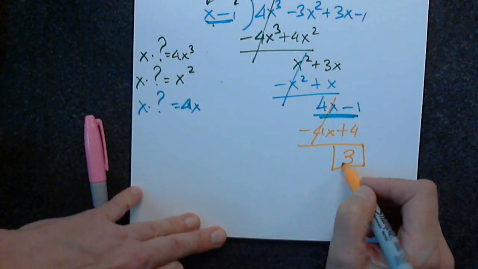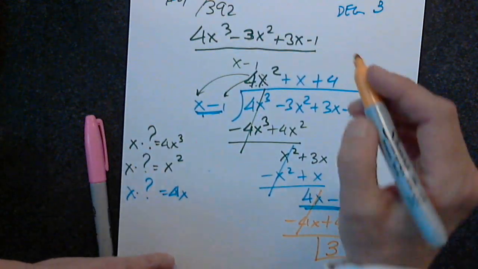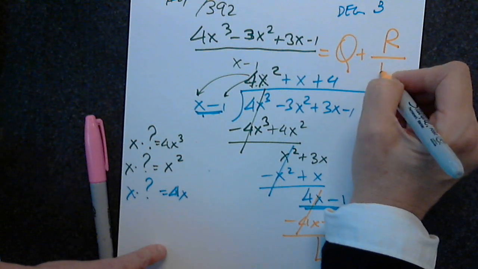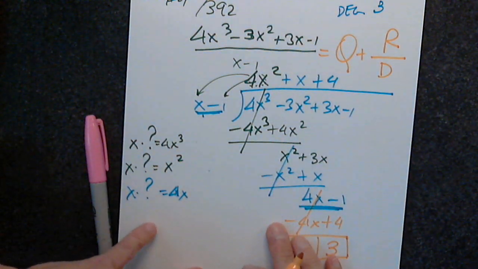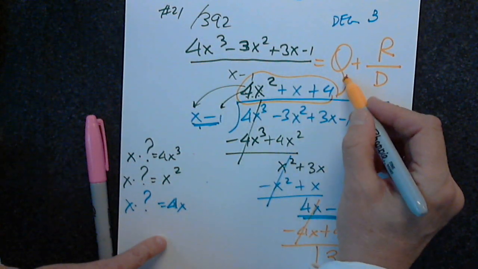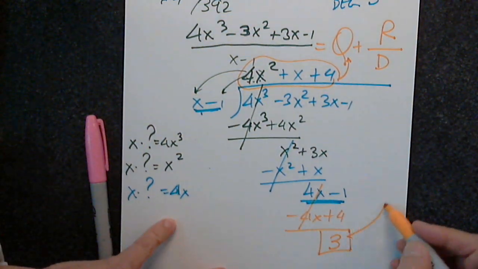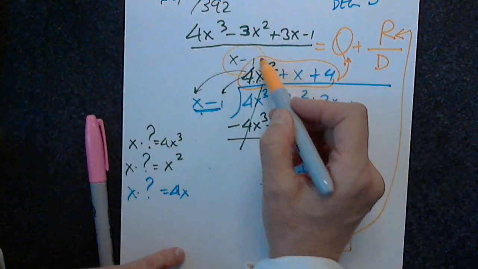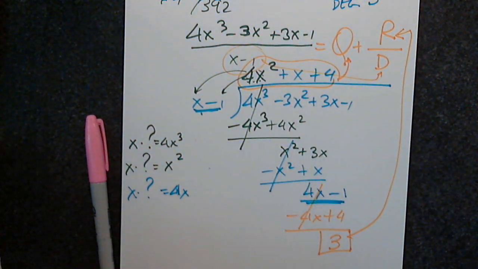3 indeed. So how do I write the answer? I have to write the quotient plus the remainder over the divisor. So the answer will be quotient. This is the quotient. This is the remainder. And this is the divisor.